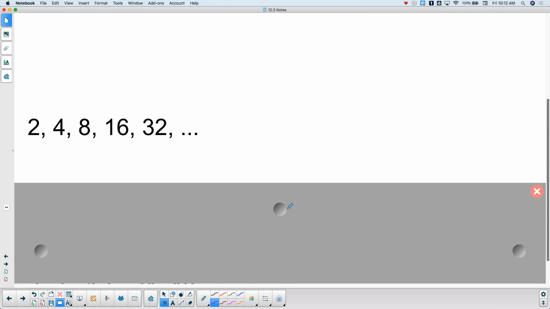So the first check you should always make is, can I add something? Well, I'm adding 2 there, but I'm adding 4 there. So that tells me it's not arithmetic, because that difference is not the same.